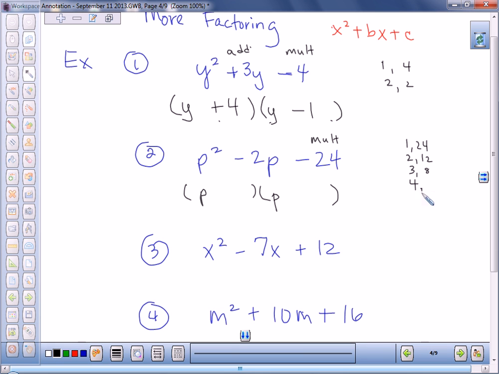Okay, so I want to multiply to get a negative, and then add to also get a negative. What would it be? Negative 6 and positive 4. Multiply to give me negative 24, and add to give me negative 2. Could it be positive 6 and negative 4? That would multiply to give me negative 24, but would it add to give me negative 2? No, it would not.